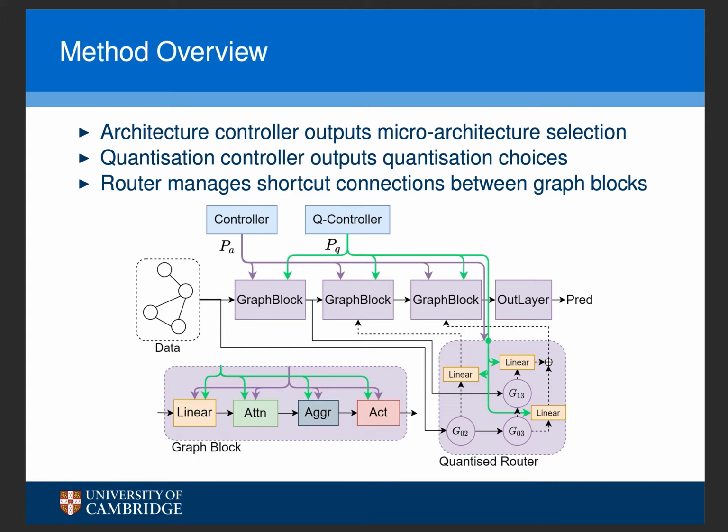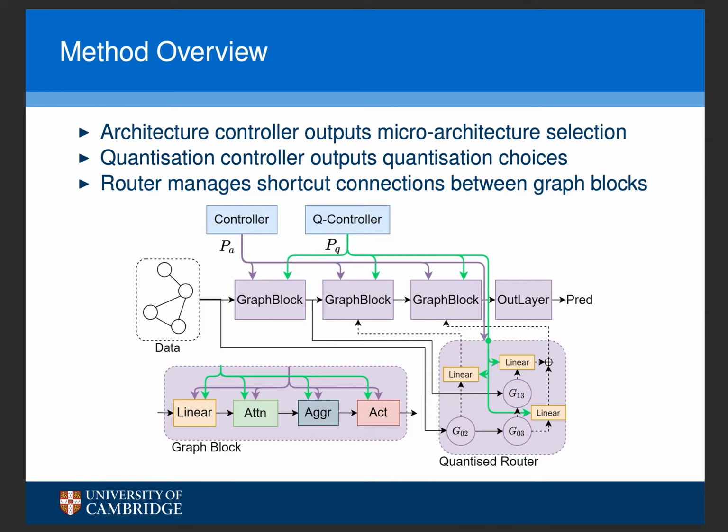At the same time, we have this quantization controller outputting PQ. This PQ goes not only to the sub blocks to pick the suitable quantization strategy, but it also goes to the router. The router is a component that we've designed to manage how shortcut connections should be placed across different graph blocks.